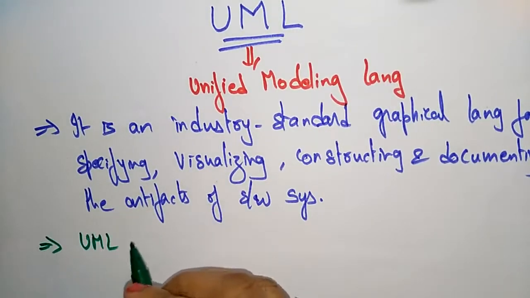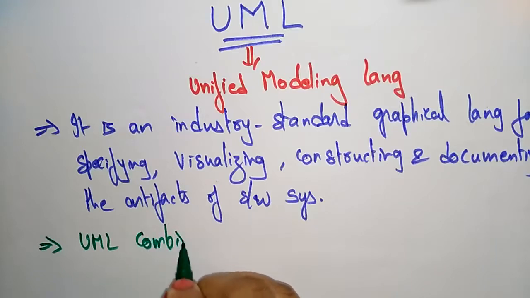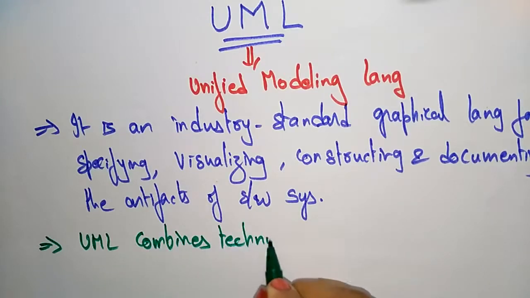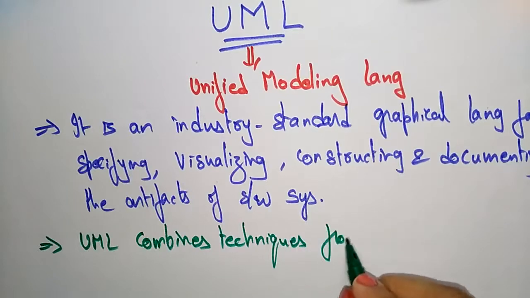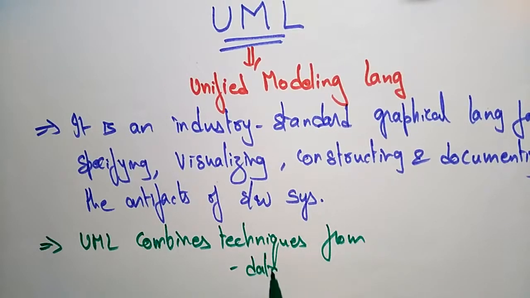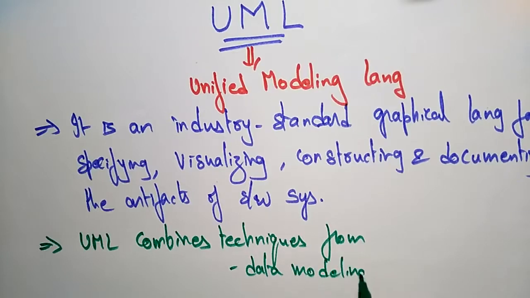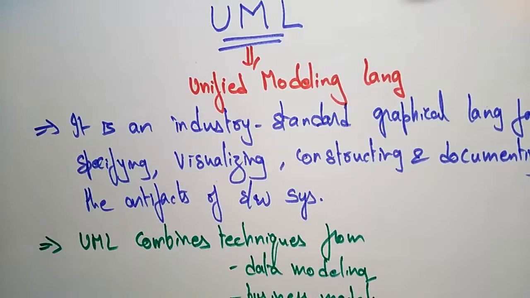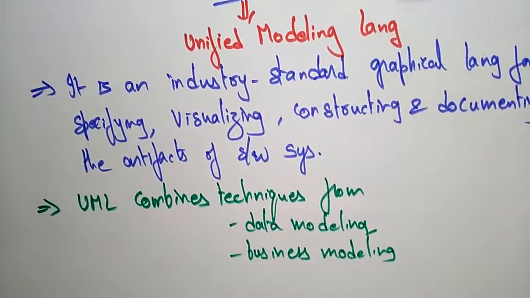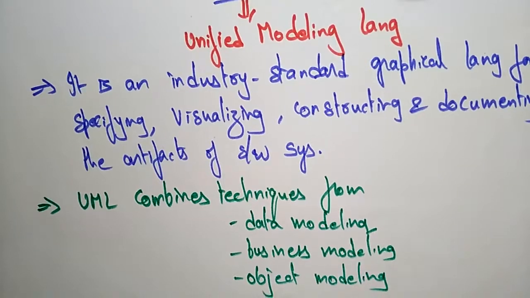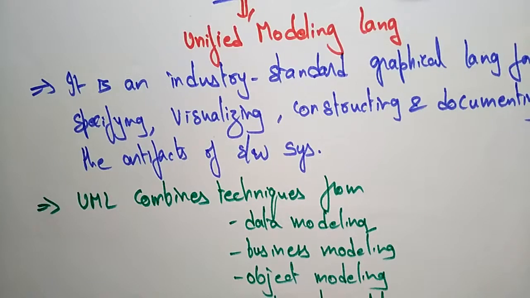UML, Unified Modeling Language, combines techniques from data modeling, business modeling, object modeling and component modeling, and can be used throughout the software development lifecycle.